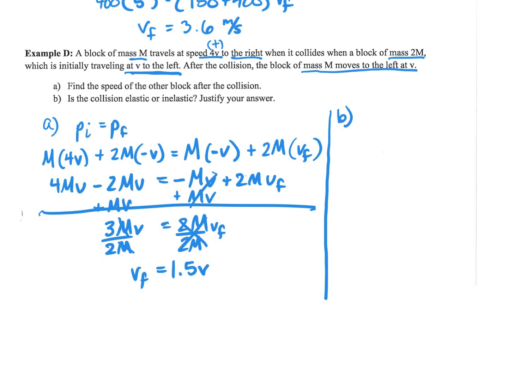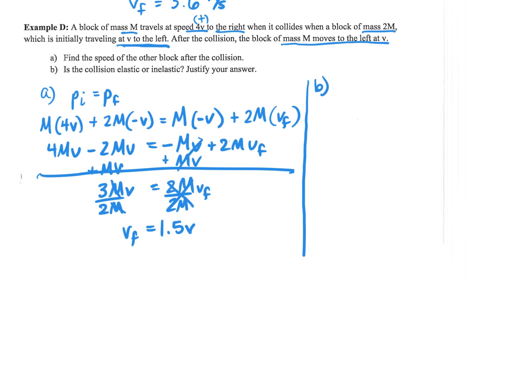Now, part B. Is the collision elastic or inelastic? What is the big difference between an elastic collision and an inelastic collision? In both of them, the momentum is conserved, isn't it? But in an elastic collision, E-L-E-A-S-T, what else is conserved? Kinetic energy.